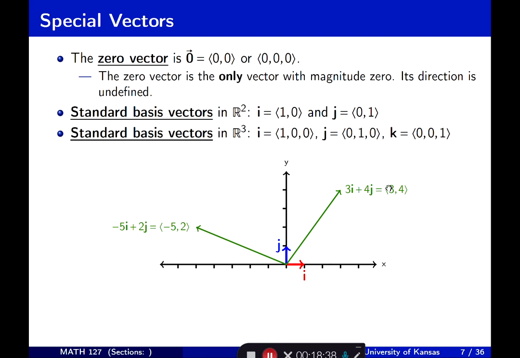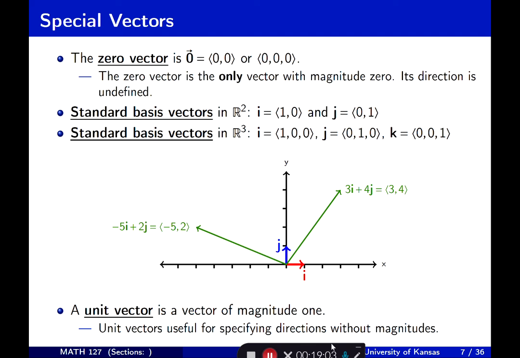I can write (3, 4) as 3i plus 4j. I can write (-5, 2) as -5i plus 2j. That's how we express them. That's another method of expressing vectors, basically.